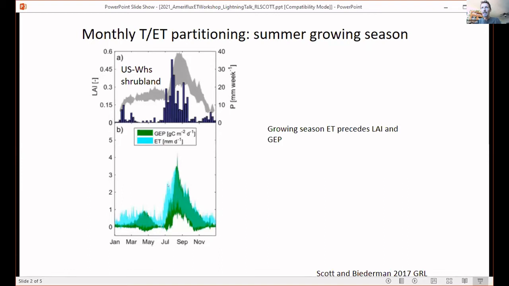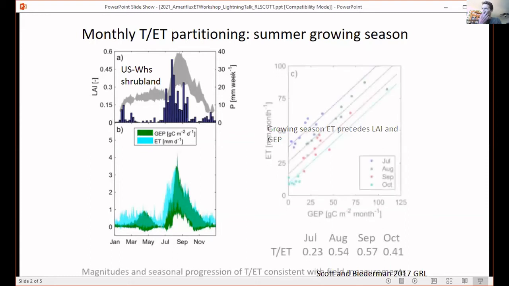And you can see here that the long-term evapotranspiration peaks before the photosynthesis, mainly because as the summer rains start, the evapotranspiration is immediate, whereas the plants take a while to respond.